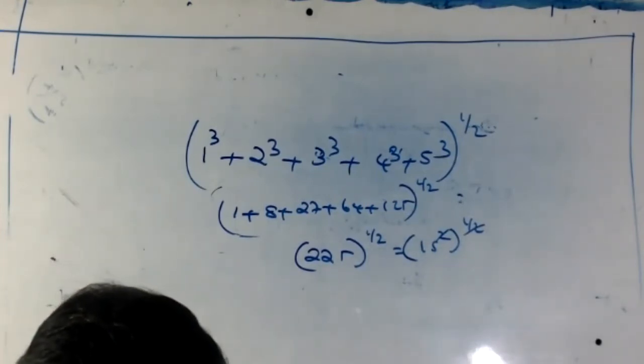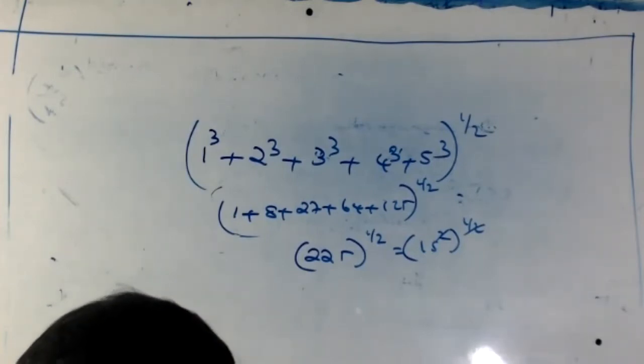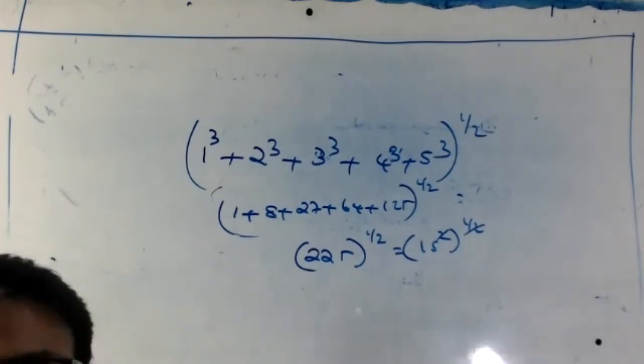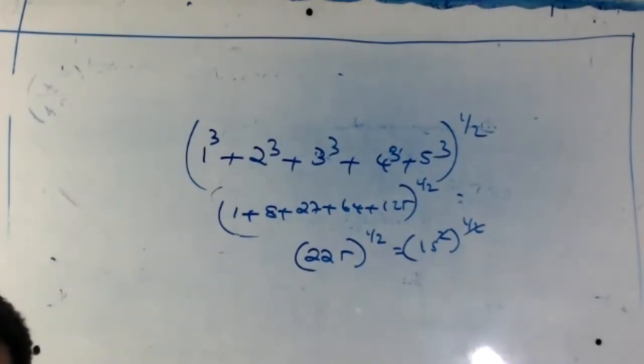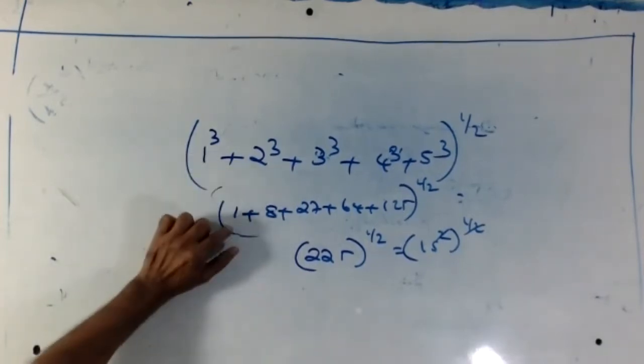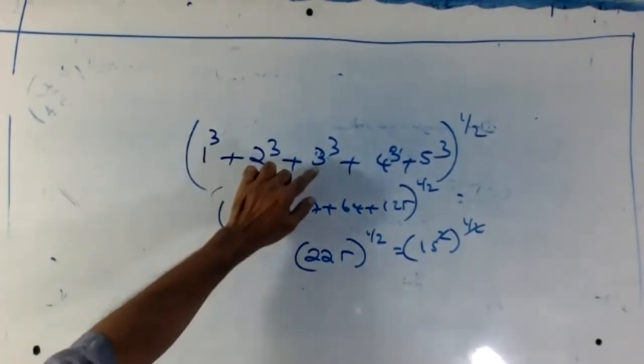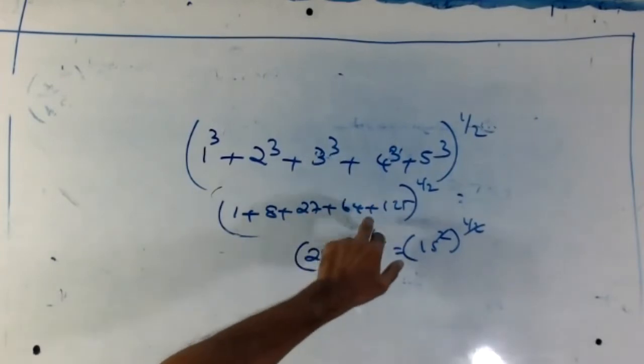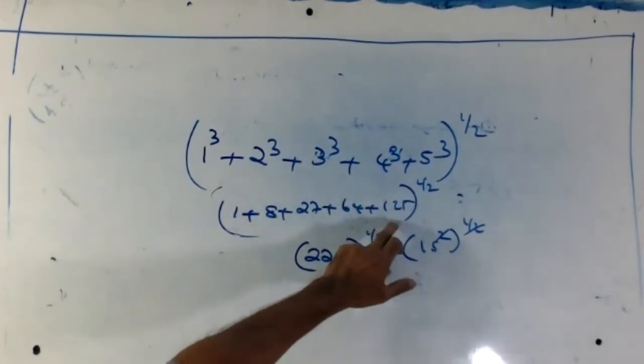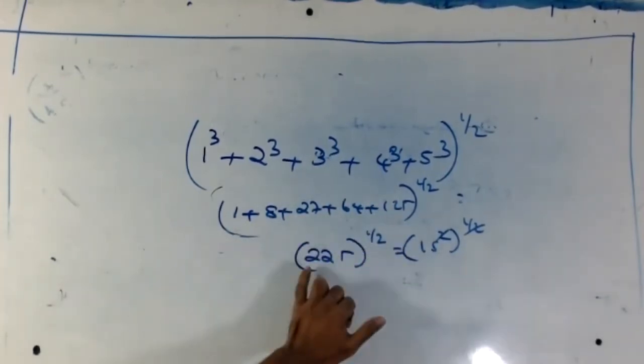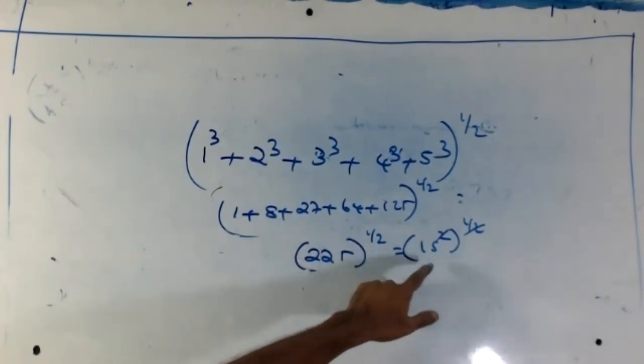Okay. Are you okay? 1 cube is 1, 2 cube is 8, 3 cube is 27, 4 cube is 64, 5 cube is 125. When we add, we get 225. 225 means 15 square.